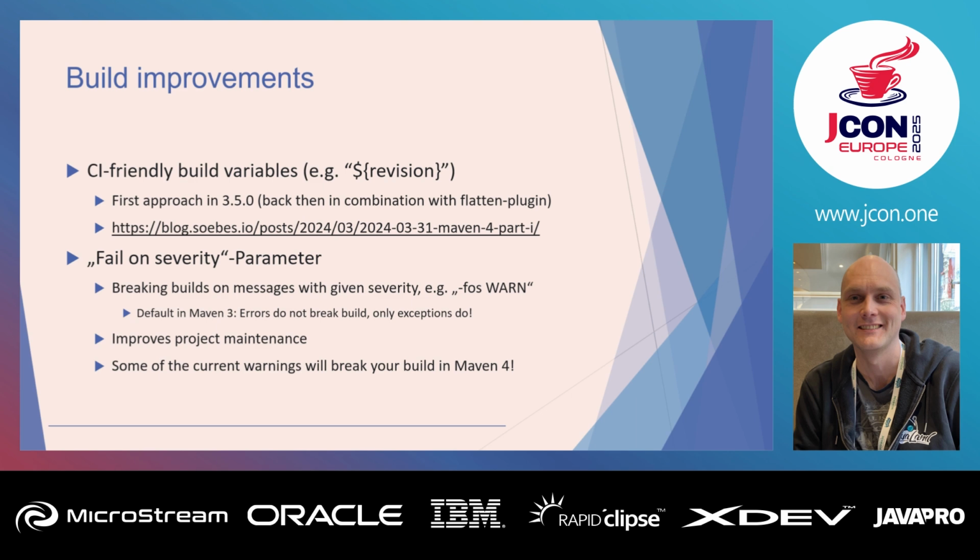This can be quite useful if you want to migrate to a newer version of a plugin or of a build, because depending on how large your project is and how many text messages are printed out during the build, you might overlook such warnings, and with this parameter, you can just fail your build. Yeah, so this improves project maintenance and makes it easier to find things that might break in the future, or misconfigurations or whatever.